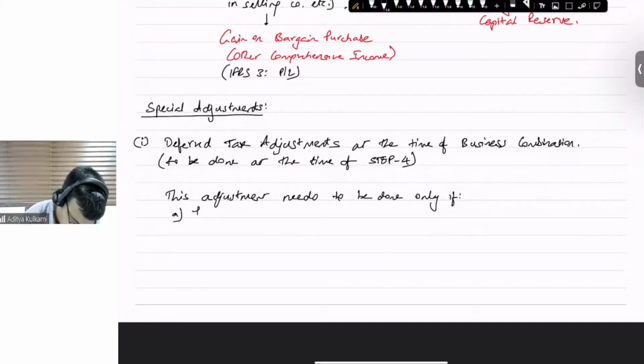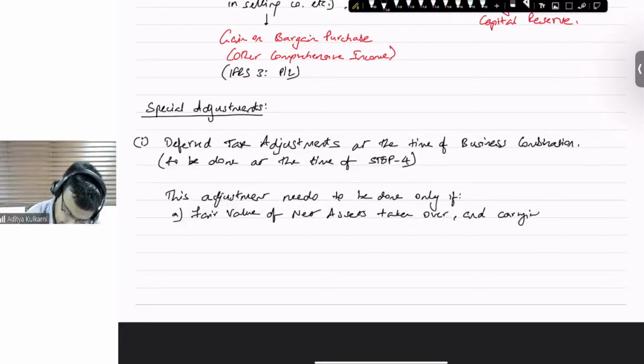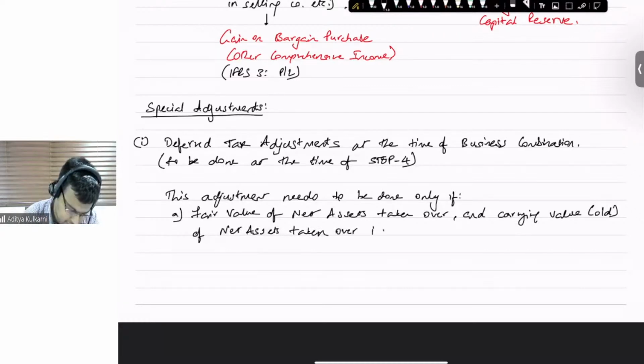A, fair value of net assets taken over and carrying value of net assets taken over is given, and B, tax rate is given.